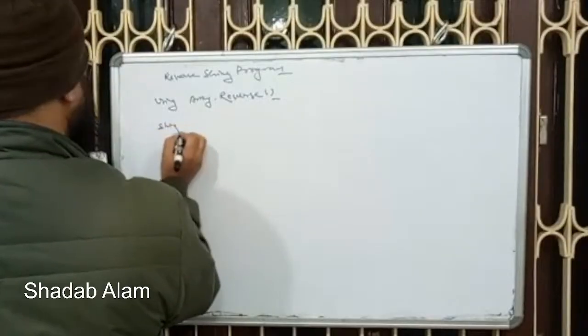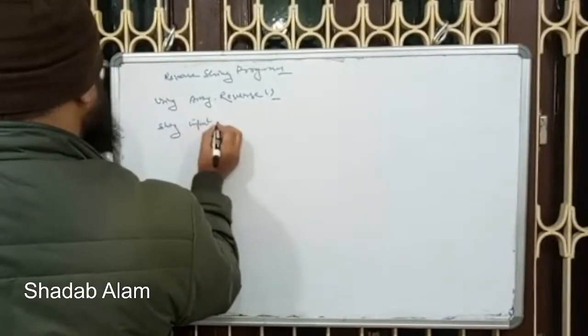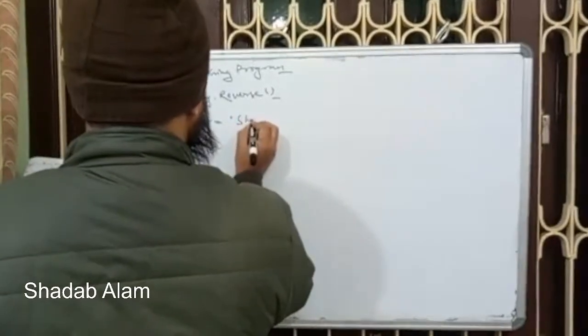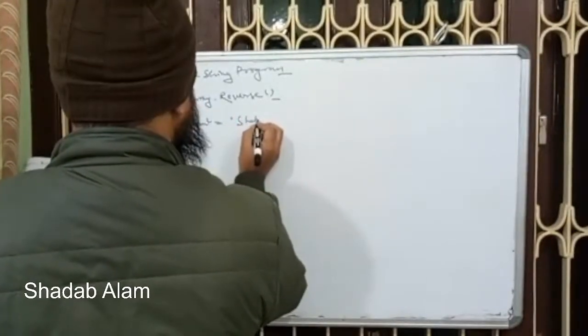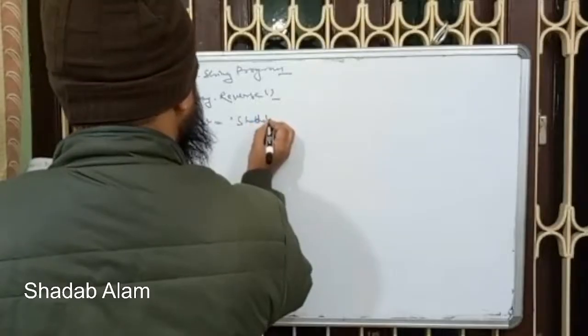Take a string name as the input, and here we put the data "dog".